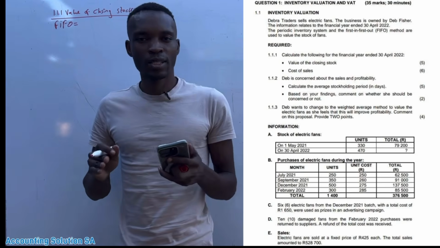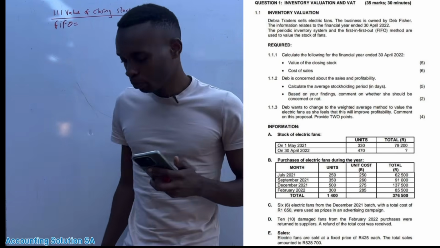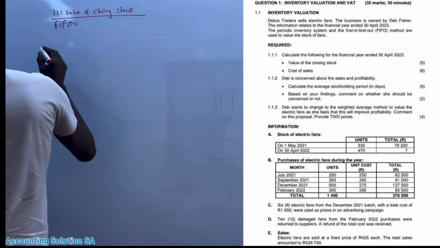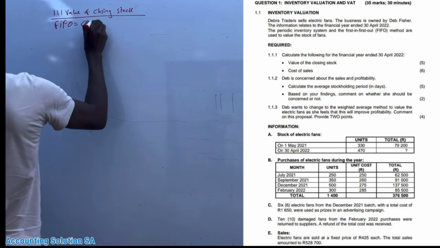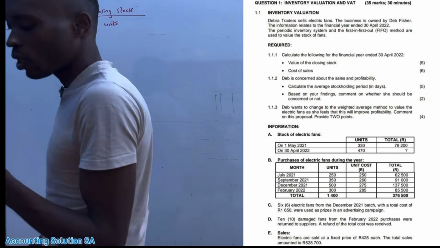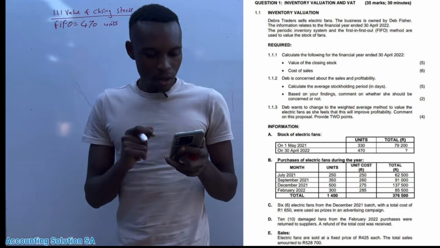The first item that we need to pick when we are calculating FIFO, guys, is the closing units. If you check, we have 470 units at 30 April 2022, the date that we are calculating.